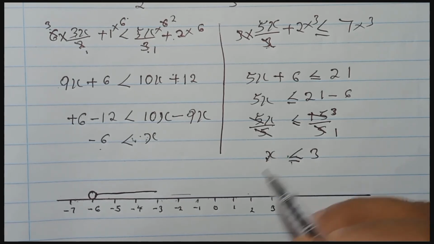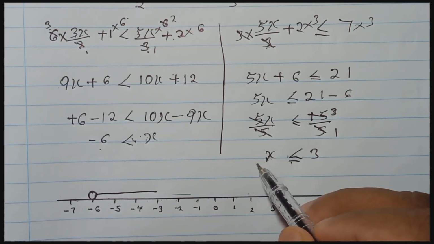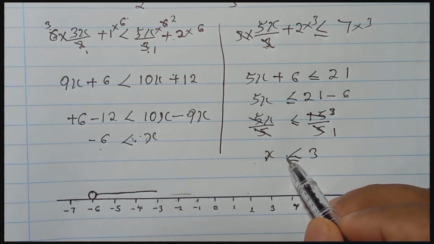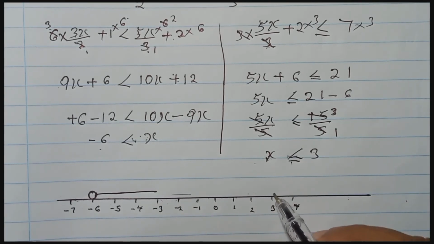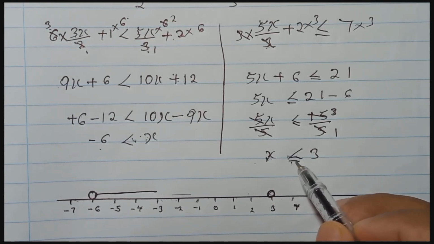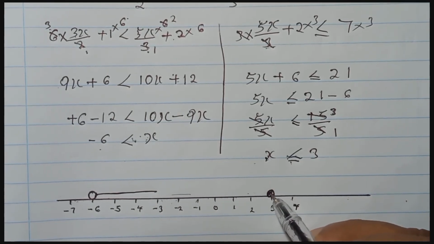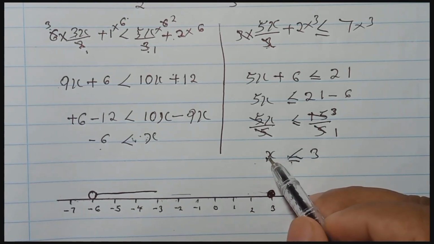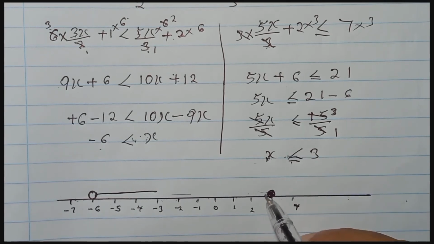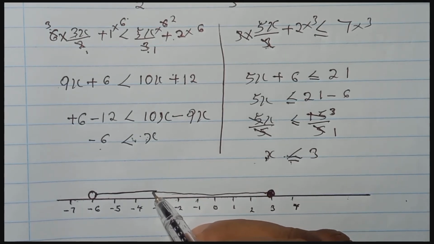Here is the 3, and here we have the equal dash also, so you need to color this one. Less than 3 means this side, not this side, which is 4, 5 and so on, greater than 3. X should be, your line should be less than 3, this way. This is the idea.